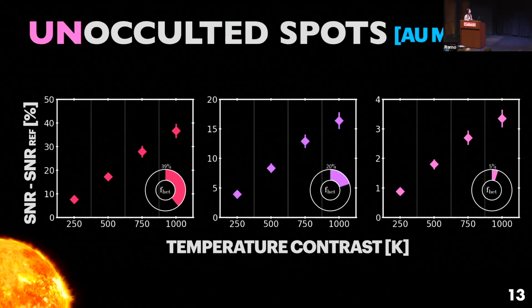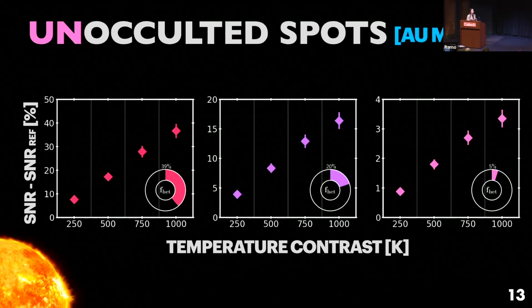So the first thing to point out is that for the 5% coverages over there, for these low filling fractions, we're not seeing a significant increase in the water detection when you include spots. But as you increase the filling fractions over to the left, 40% coverage, you can see up to a 35% difference in the signal to noise.